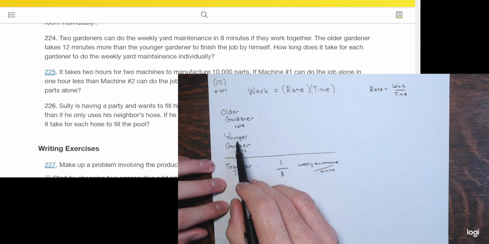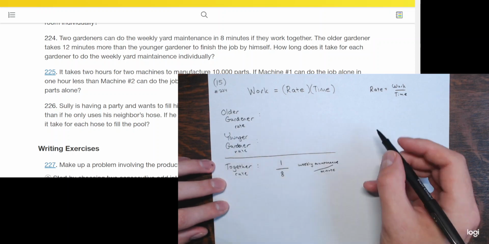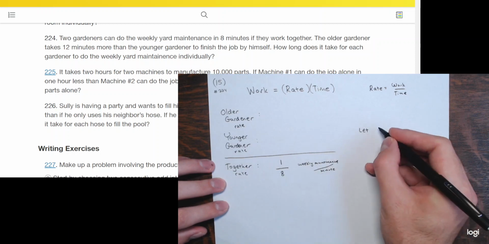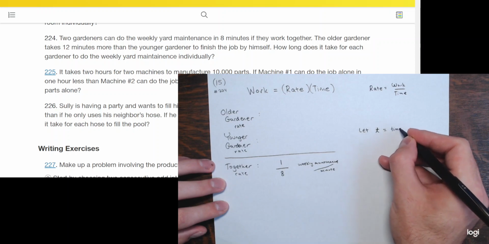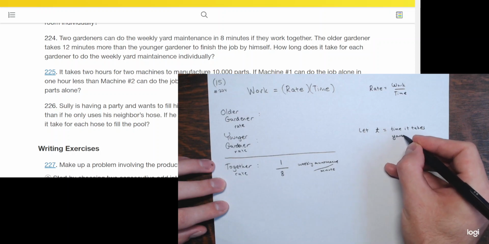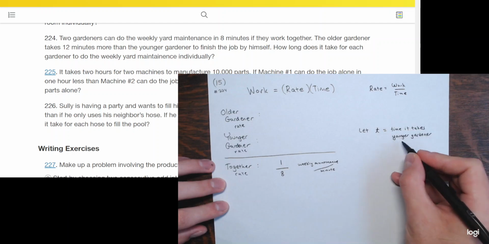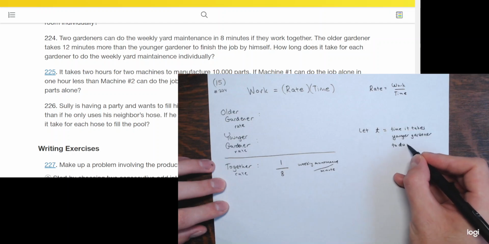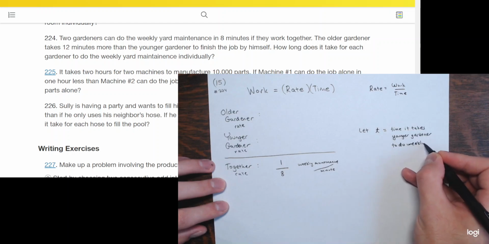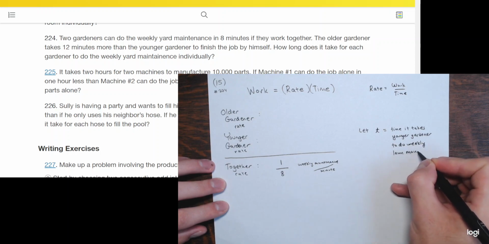Now the younger gardener, we don't know how long it takes him. So let T be the time it takes the younger gardener to do all the weekly lawn maintenance, and this will be in minutes.